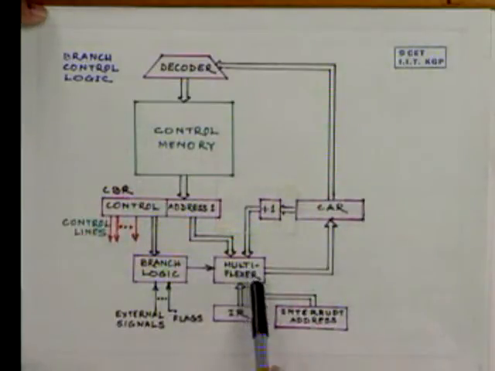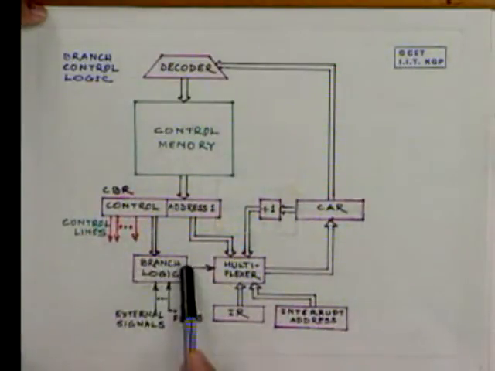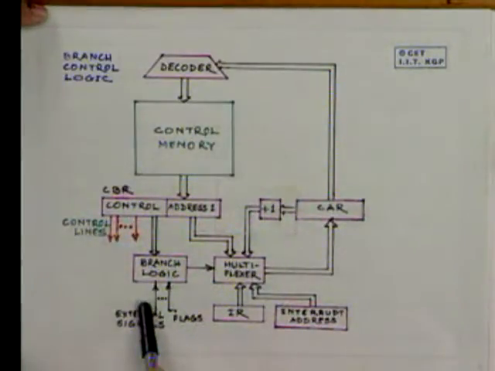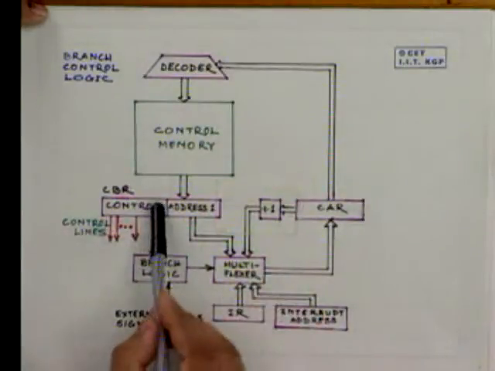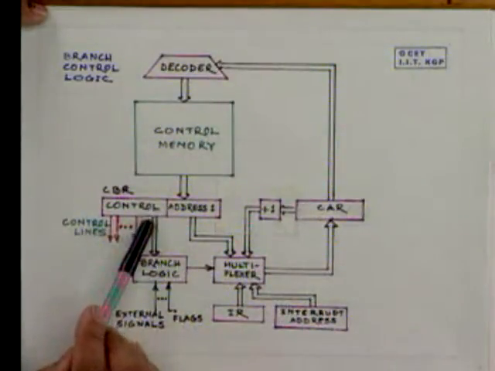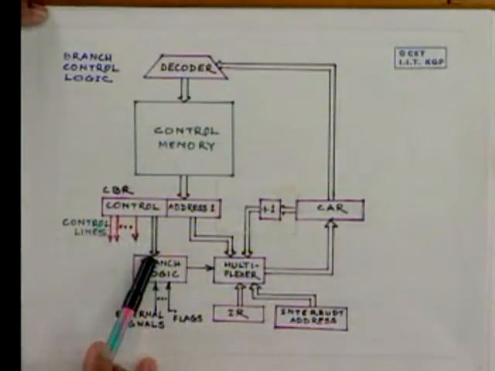Now, depending upon this branch logic, where the flags and the external signals, like the control condition flags such as carry, overflow, etc., and external signals including interrupt, then data ready, write done, all these come into this branch logic. Input from the control buffer register, that portion which controls the branching, also comes over to here.